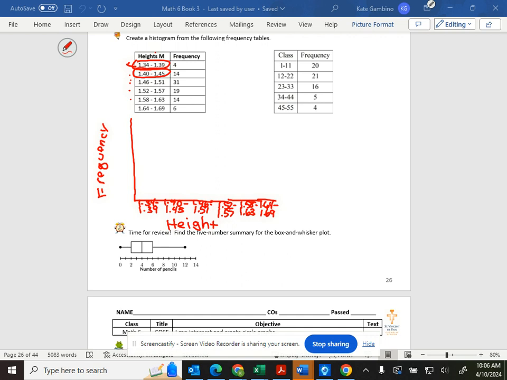Because we're going from 0 to 31 is our highest. I don't have enough room to write all the way up to 31 counting by ones, so I'm going to skip count by 5s on this one. So 0's on the bottom, and I have 5, 10, 15, 20, 25, 30, 35.